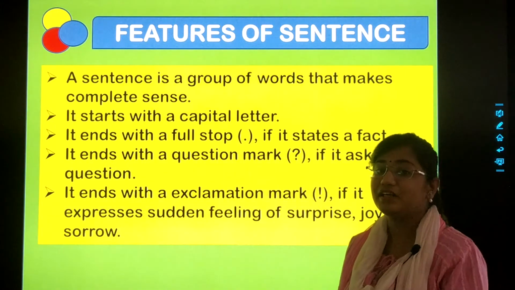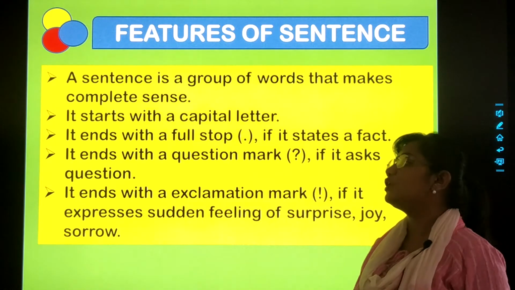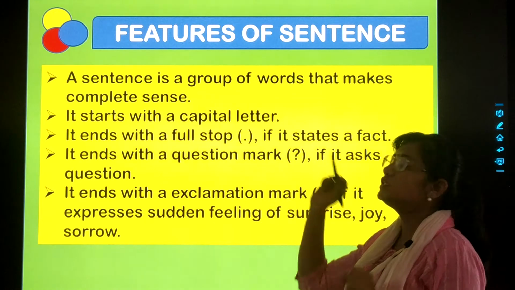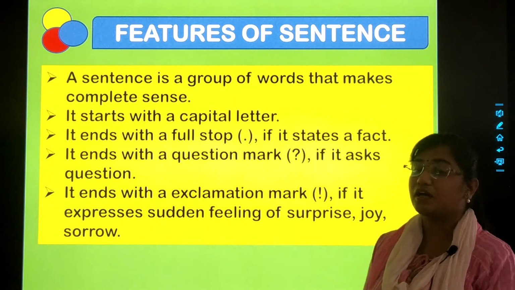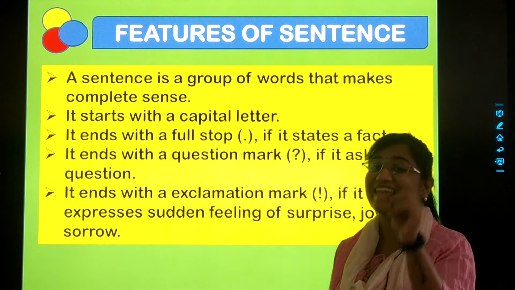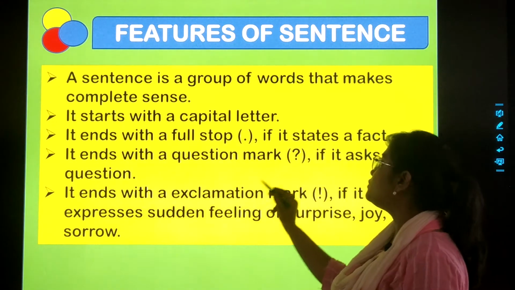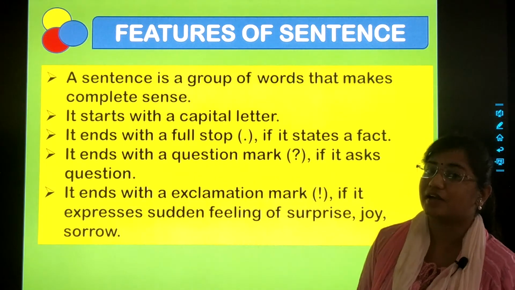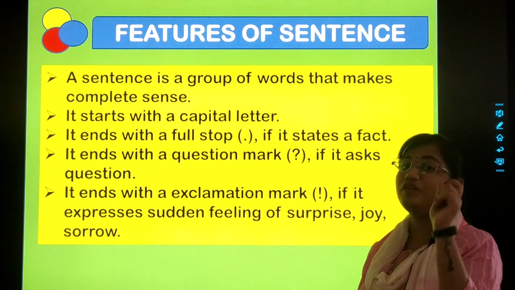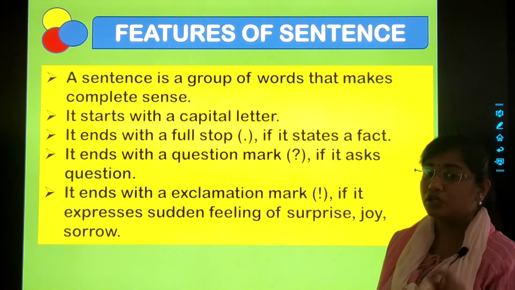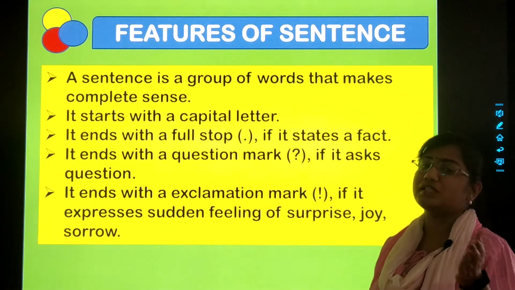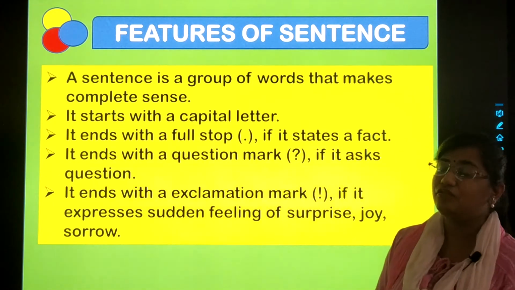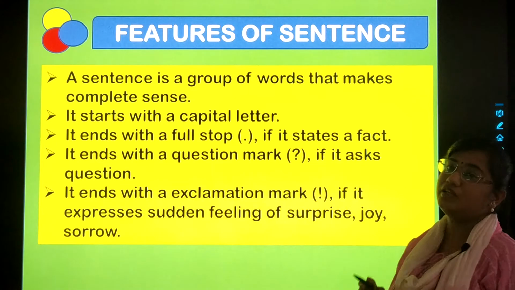If it wants to convey a fact, so it will always end with a full stop. And if it is conveying a question, if it is asking a question, then it will always end with a question mark. And if it is conveying a sudden feeling of joy, sorrow, cheerfulness, happiness, anger, it will always end with an exclamation mark.